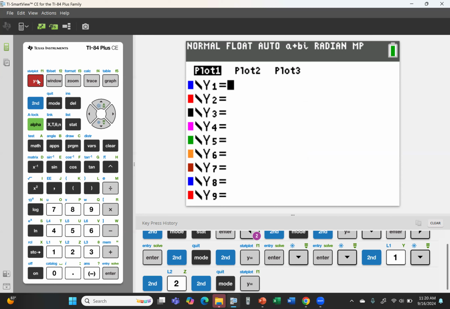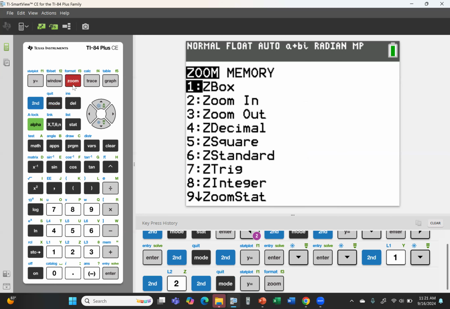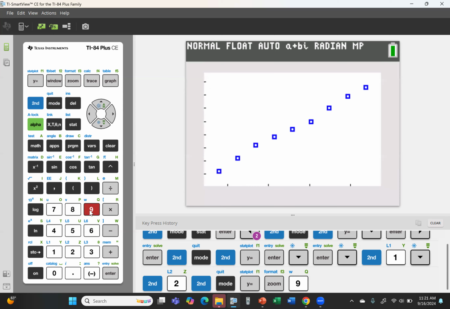The easiest way to graph a scatter plot is to use Zoom 9, ZoomStat, and that will set your window according to your data. So if I go to the Zoom button, Zoom number 9 Stat, we should get a scatter plot. Is that what yours looks like?